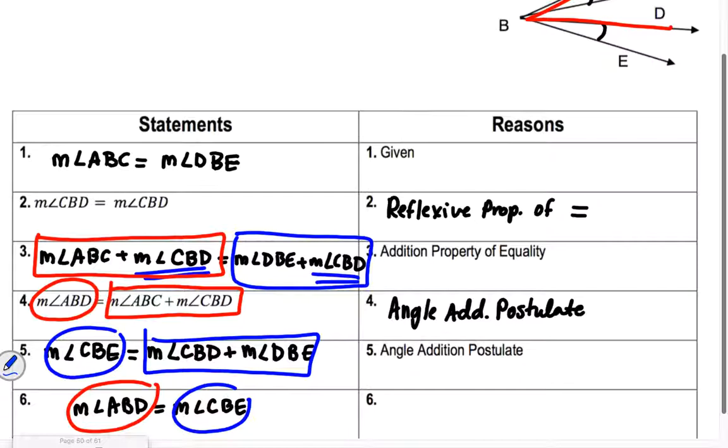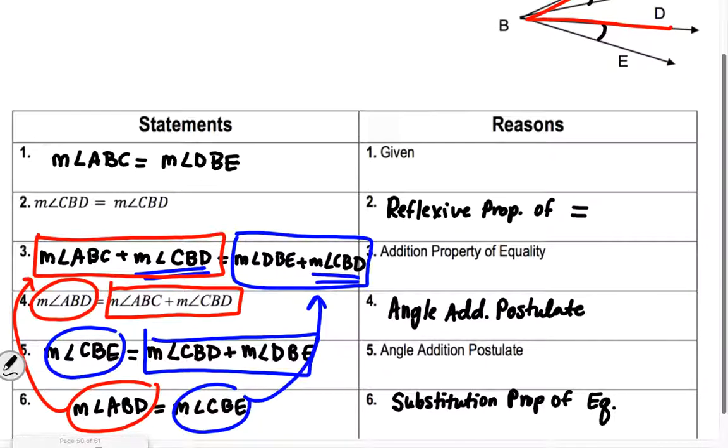How did we get there? We took this one and plugged it in here, and we took this one and plugged it in here. Sometimes it helps to highlight and stuff. So we did substitution, we substituted. A lot of times substitution is one of the last ones. Not always. Okay, does that make sense?